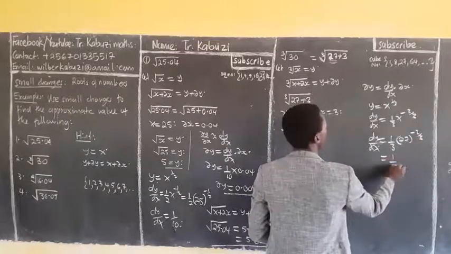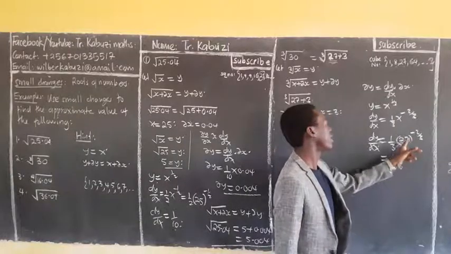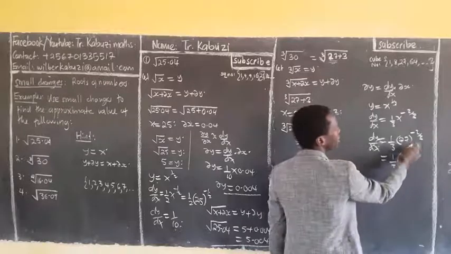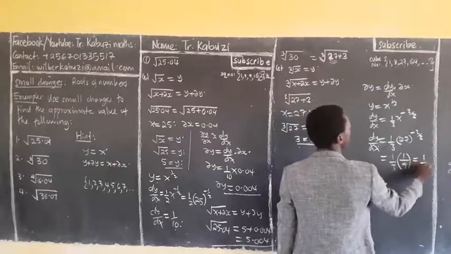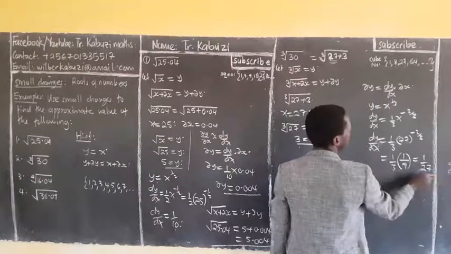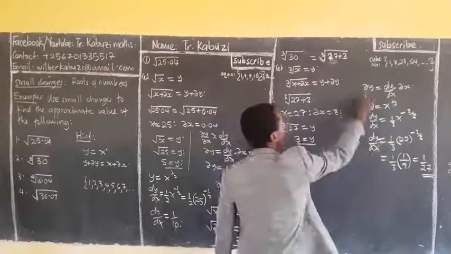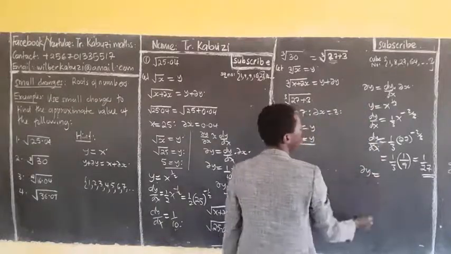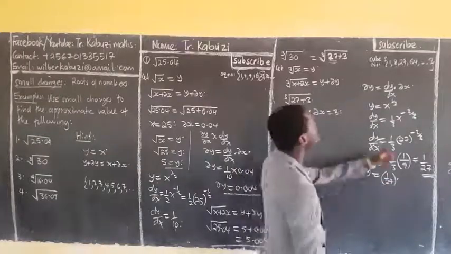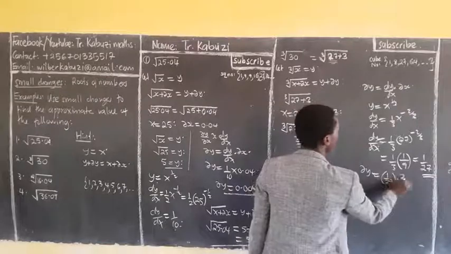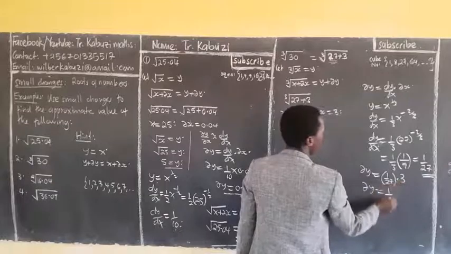This will be 1 over 3 into the cube root of 27, which is 3, to the power 2, which is 1 over 9. And so all of this will be 1 over 27. So now my delta y will be dy/dx, which is 1 over 27, times delta x, which is 3. So now my delta y is 1 over 9.